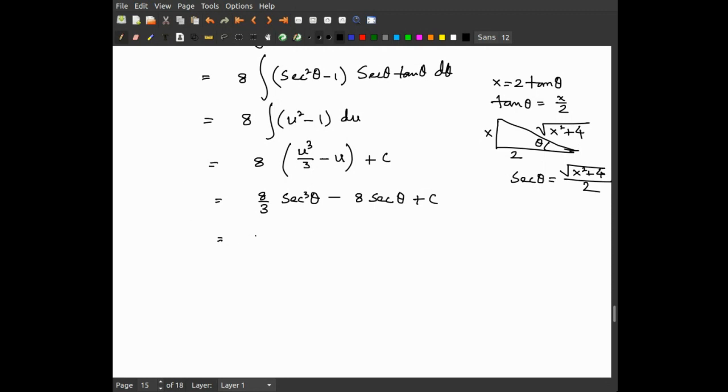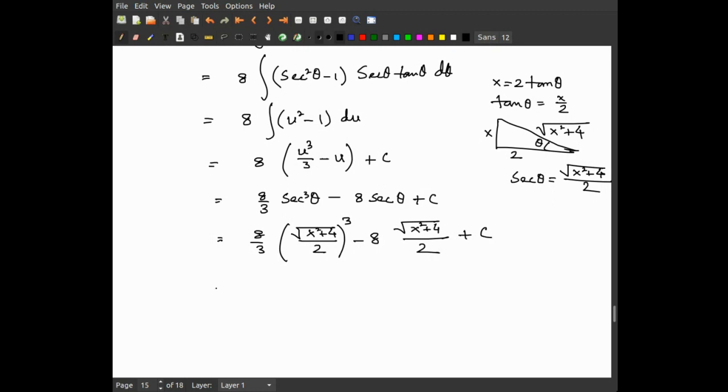Let's use that one. Then we have 8 over 3, and this would be square root of x squared plus 4 divided by 2, cubed, minus 8 square root of x squared plus 4 divided by 2, plus c.